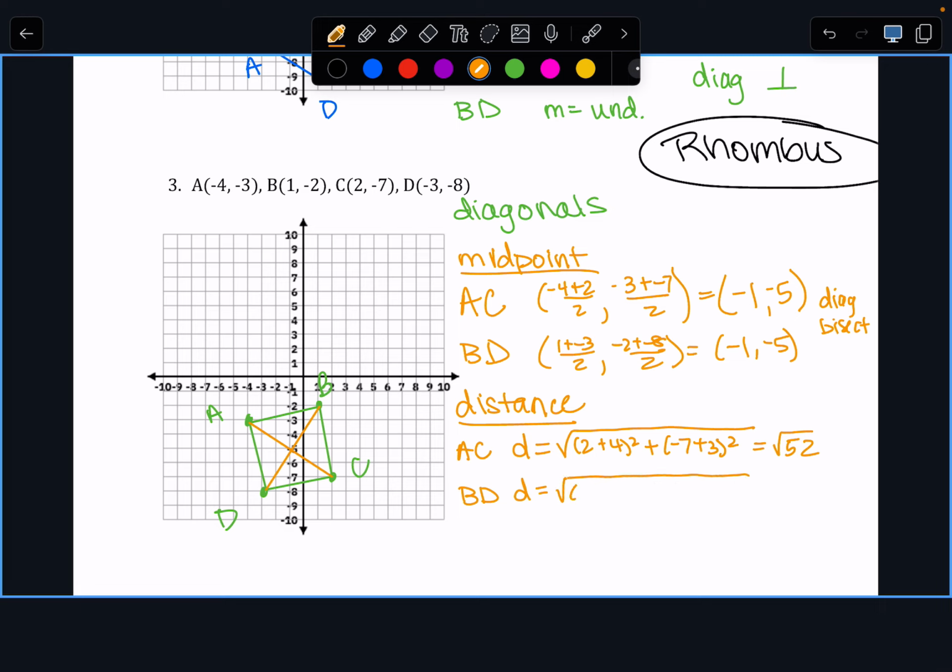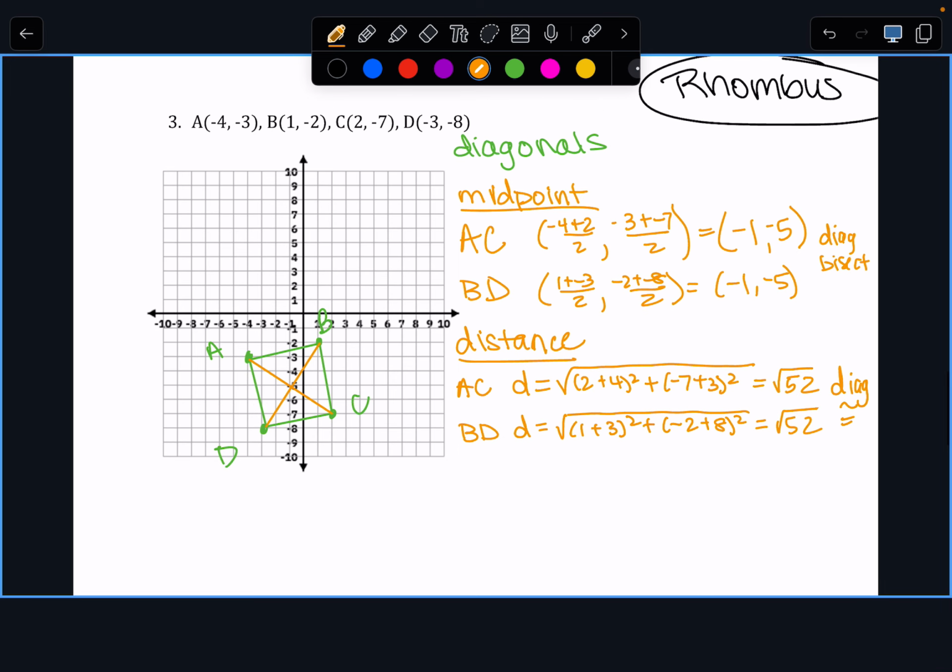BD, 1 minus negative 3, and negative 2 minus negative 8. So our diagonals are congruent. Now we need to do slope.